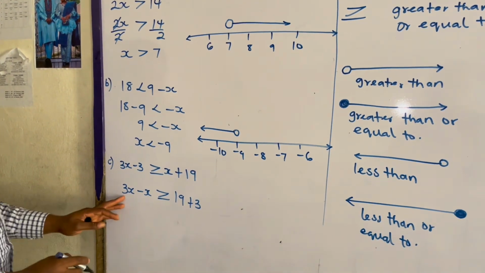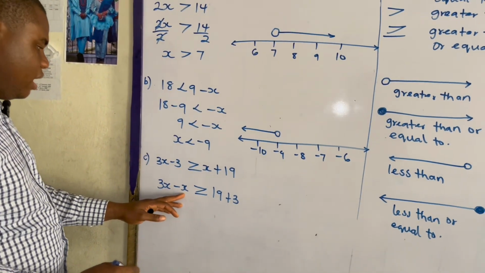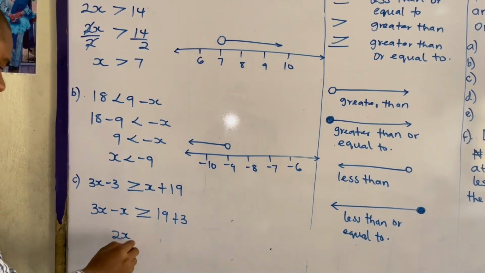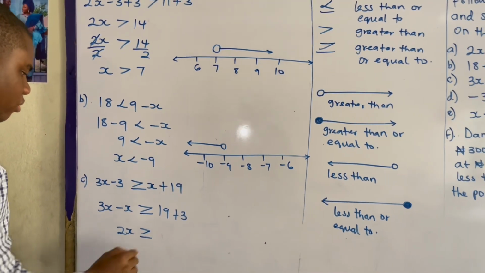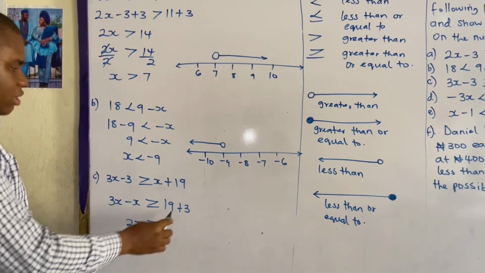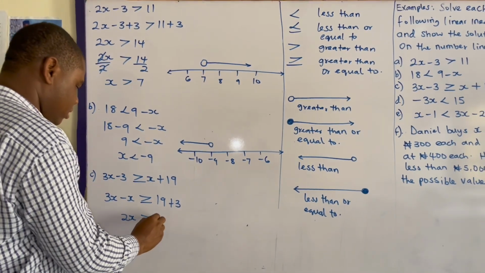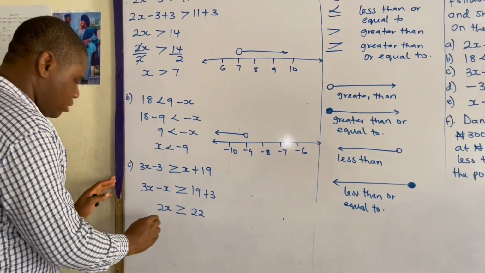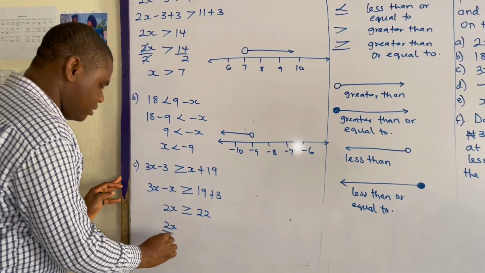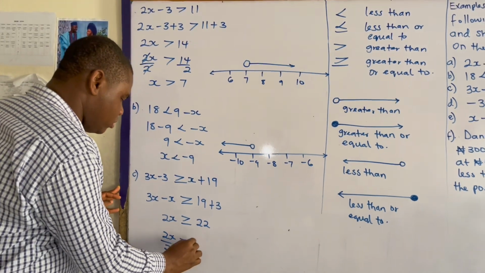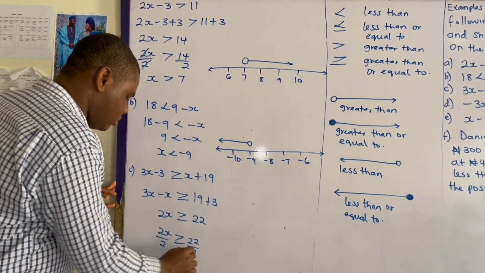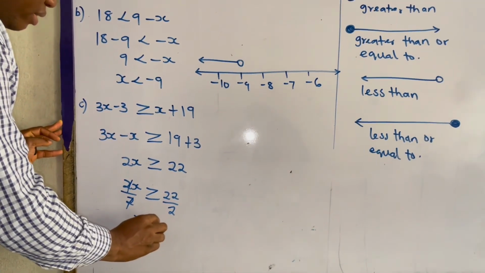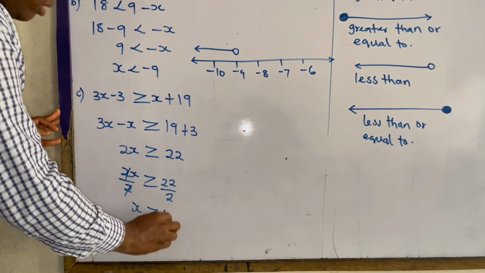So in this case now, 3x minus x will give me 2x is greater than or equal to 19 plus 3 will give us 22. So I'm going to divide both sides by 2. So 2x divided by 2 is greater than or equal to 22 divided by 2. So in this case now, x is greater than or equal to 11.